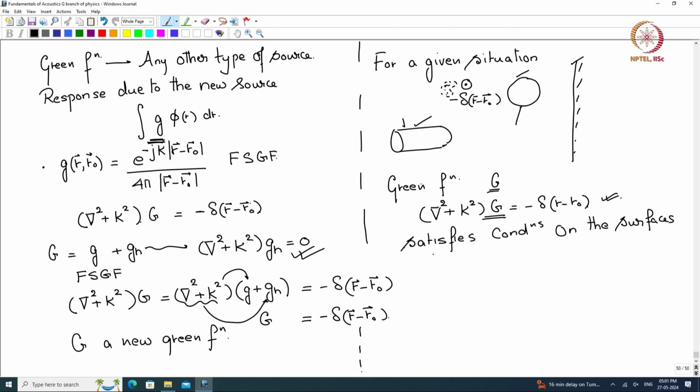Now if we have actual sources, then the response is just an integral of this g I found and the distribution of sources.